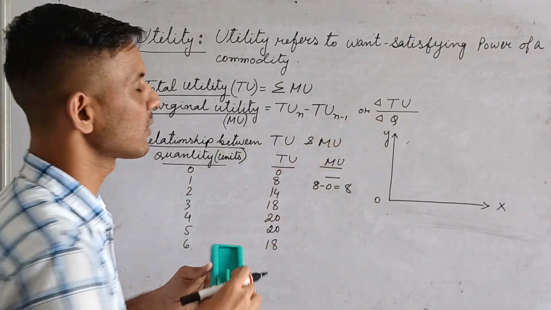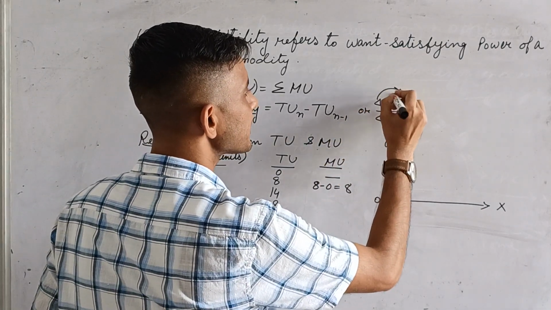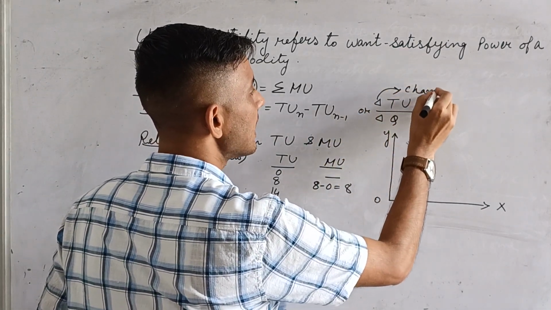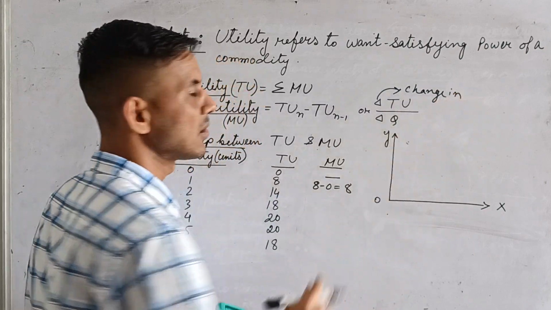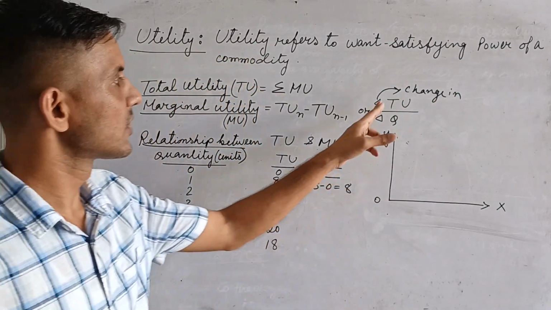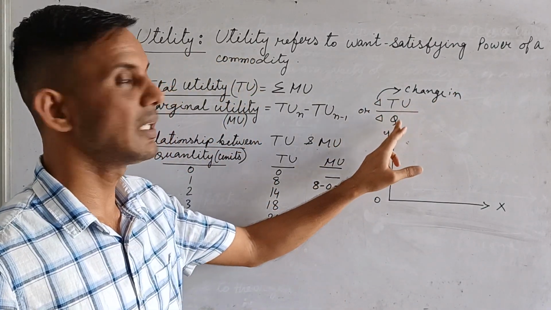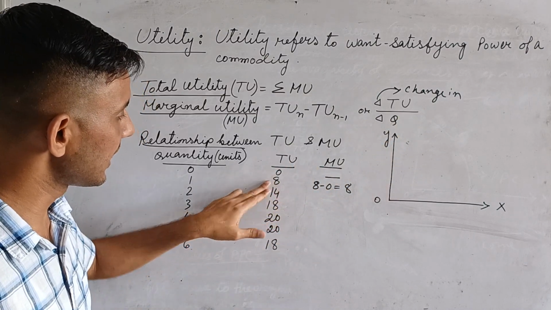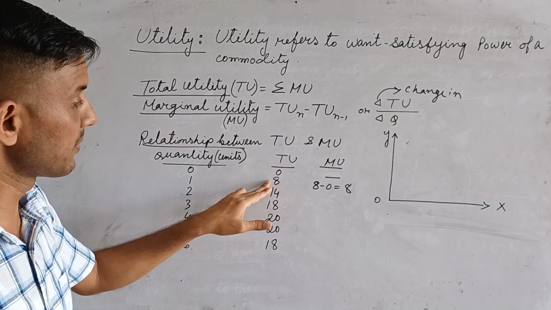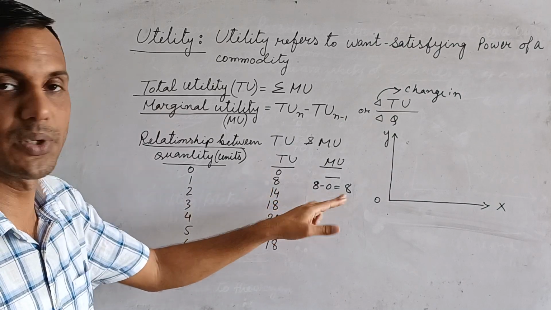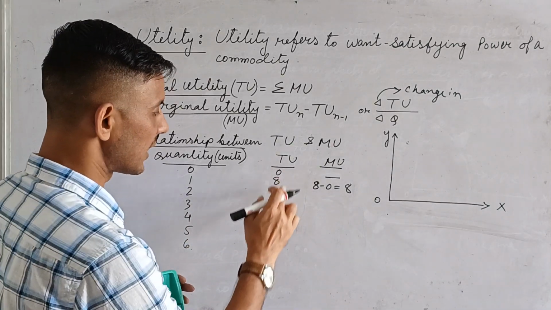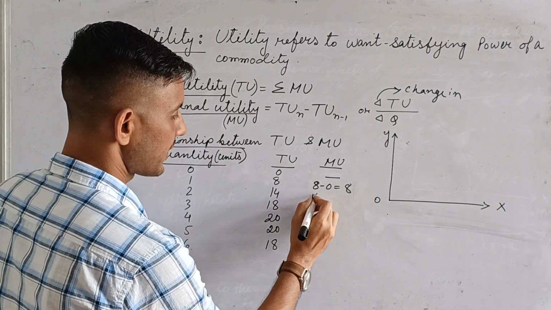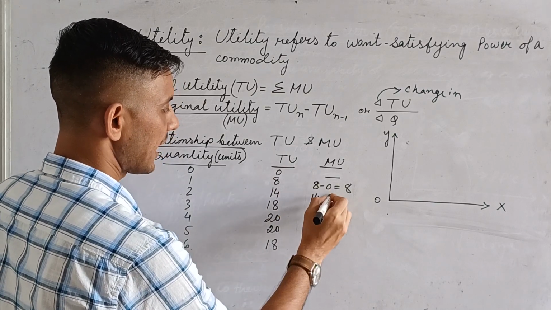Okay, delta, what is the meaning of this symbol? This is the change in. Before also we discussed. Okay, so change in total utility divided by change in quantity. So now you see total utility is 8, but previously it was 0. So 8 minus 0 is equal to 8. Now you see what is the total utility? 14. What was before? 8.